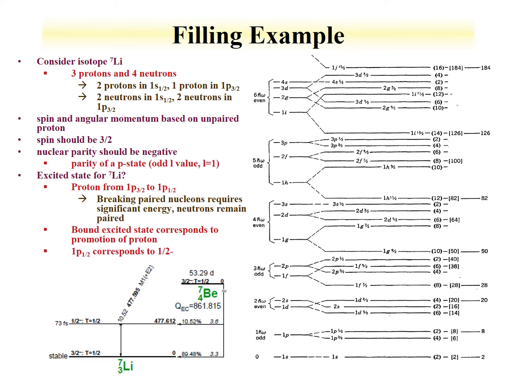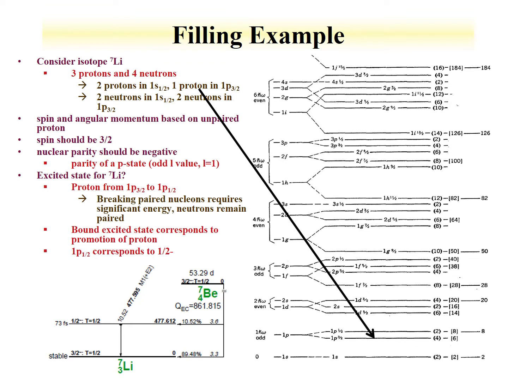Let's consider lithium-7. 3 protons, 4 neutrons. The proton number is odd, so the odd proton is going to define the behavior of the nucleus. And we see that this one unpaired proton, the 3rd proton, lives in this 1p3/2 level, right? Because I can put 2 protons here, the 3rd one is here.